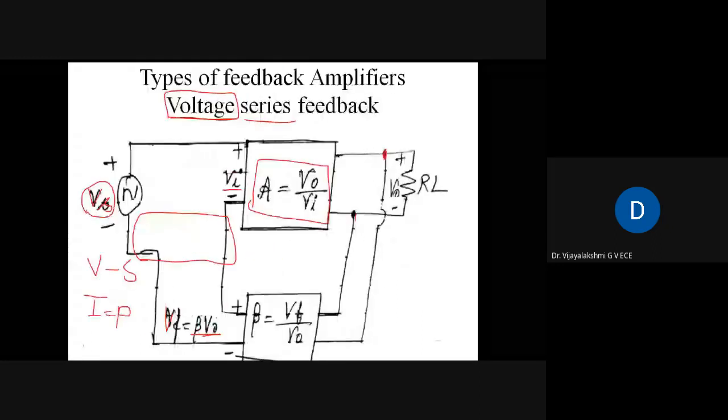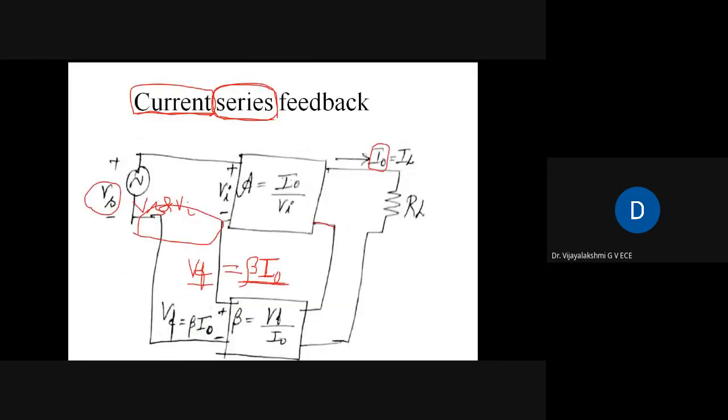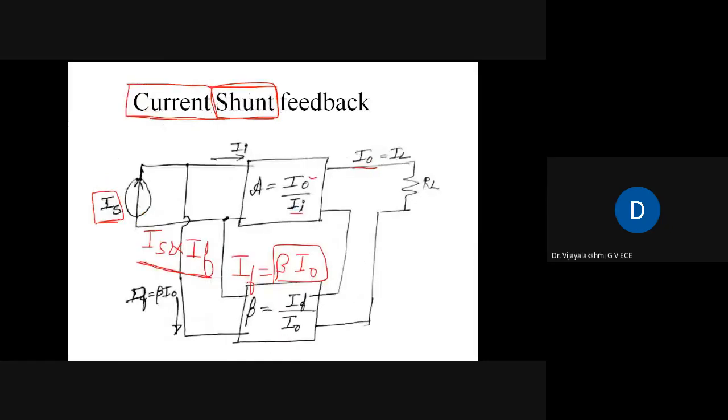In voltage series, the gain is voltage gain, output voltage divided by the input voltage. In case of voltage shunt, it is output voltage divided by input current. So it is resistance. In case of current series, it is output current divided by voltage. So it is conductance. Next, in case of current shunt, it is output current divided by input current. So it is current gain.